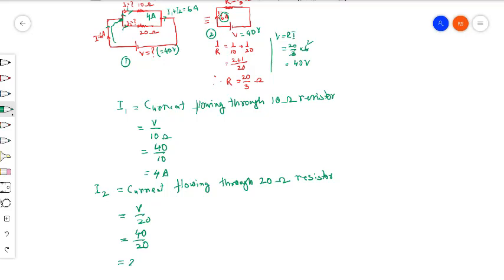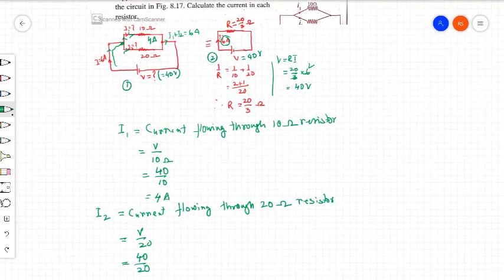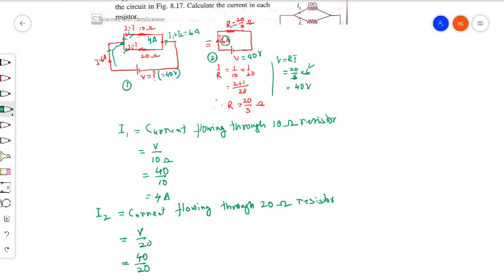So this is 2 ampere. So the current flowing through this 20 ohms resistor is 2 ampere. So I1 plus I2 is 6 ampere. The 6 ampere is divided into 4 ampere through the 10 ohms resistor and 2 ampere in the 20 ohms resistor.